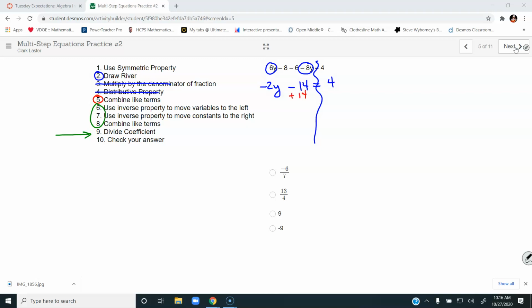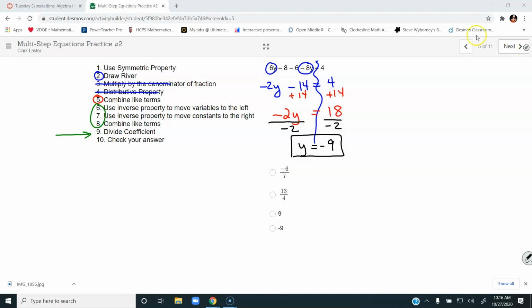So in this one, I don't have to do 6, but I do have to do 7. But remember, depending on how you set this problem up, might mean you're doing things a little bit differently. And now I'm going to divide by the coefficient, which is negative 2, and y equals negative 9. Okay?